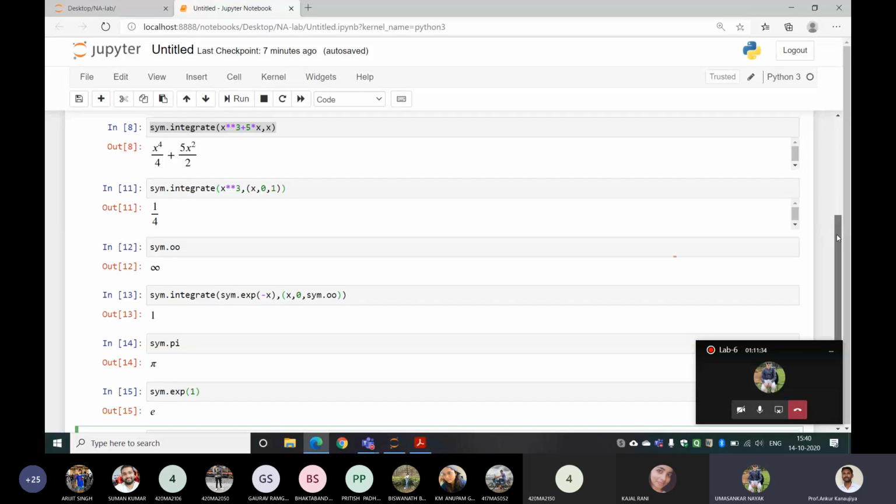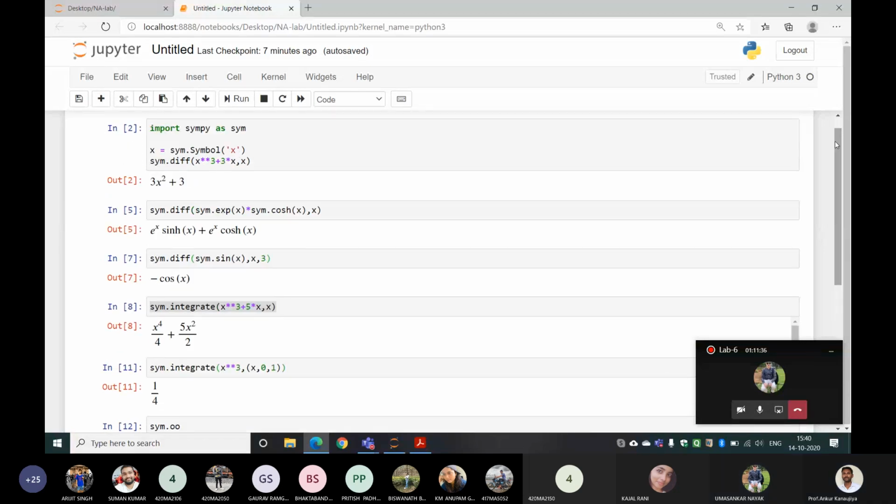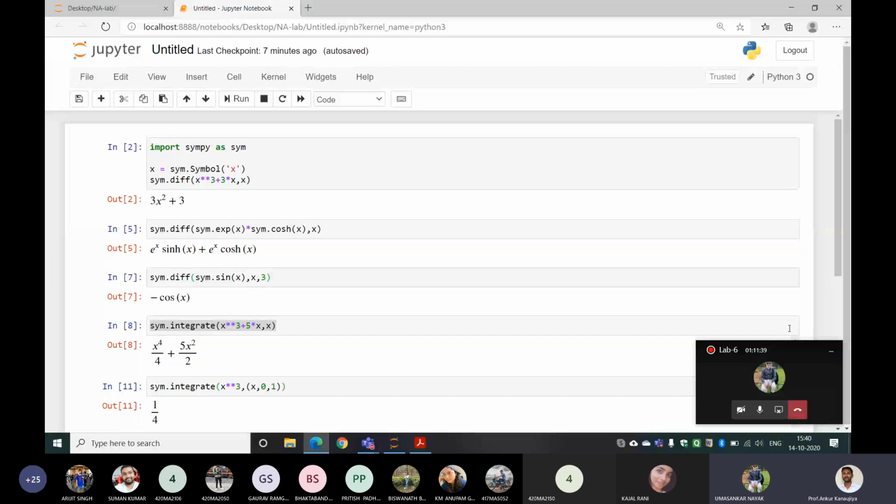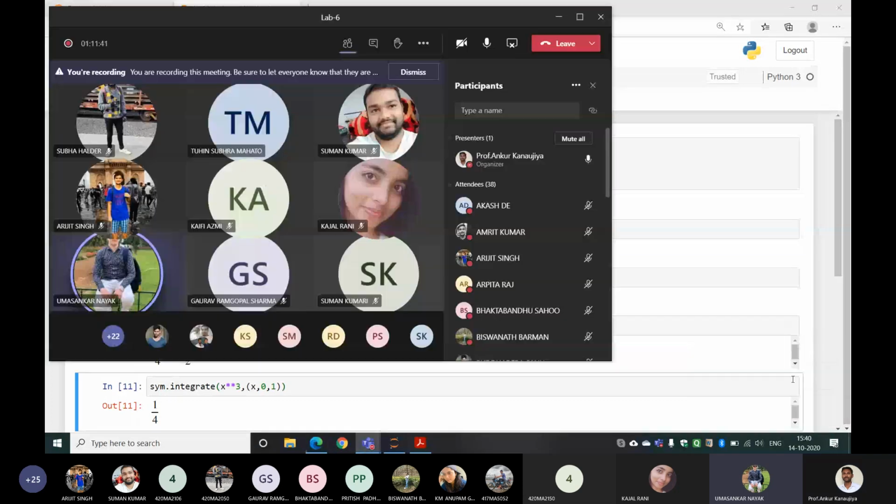So how many methods did you learn for numerical integration? Simpson rule, composite Simpson rule, trapezoidal rule, composite trapezoidal rule. In Simpson 1 by 3, 3 by 8. Gaussian quadrature. Total how many methods did you learn? Can you count and tell me?